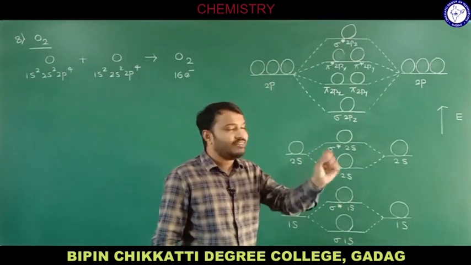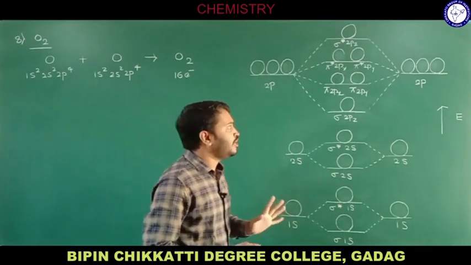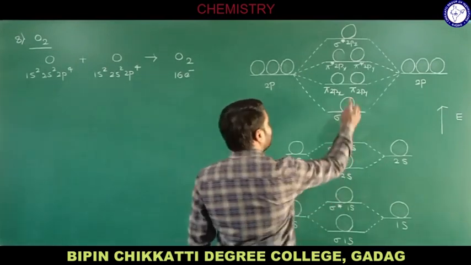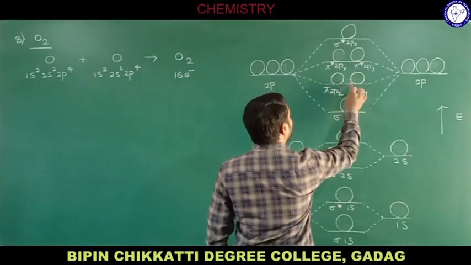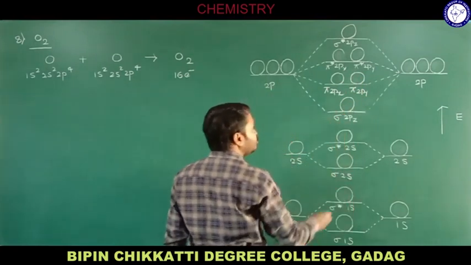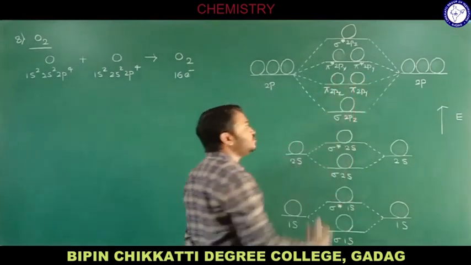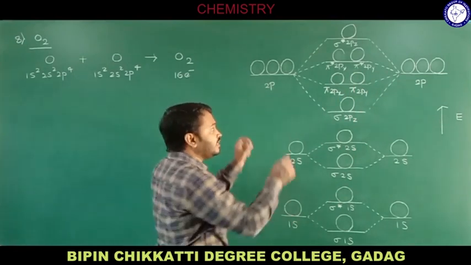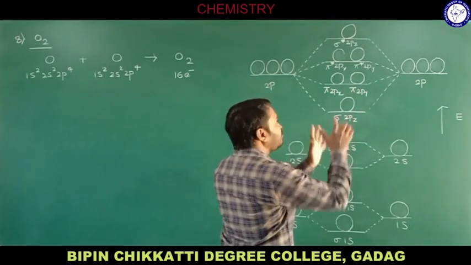If you just observe the previous example, nitrogen I was discussing, there it was only one molecular orbital and here I have drawn 2. So I have just interchanged these 2, because one is going to be applied for lighter elements and this is going to be applied for the elements after nitrogen.